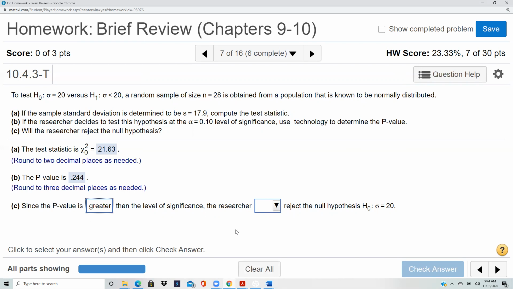What happens if P is greater than alpha? What was our main criterion of rejection and non-rejection in terms of P and alpha? That's a criterion without which you could not have survived up to this point, so I'm sure you know it.